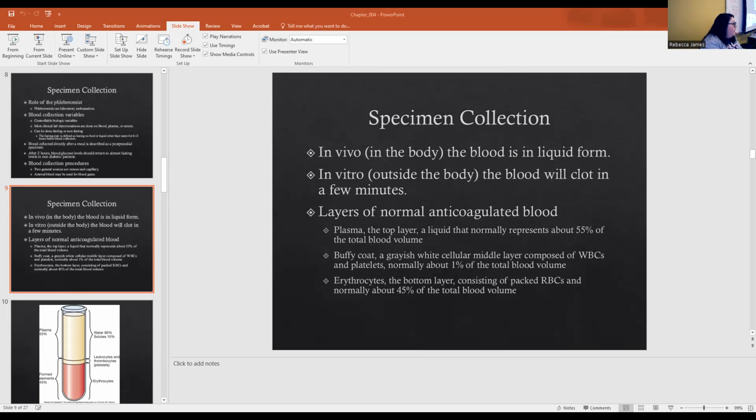So this right here is a lavender top tube. So it does contain an anticoagulant. So if you look really closely, right here is your plasma.